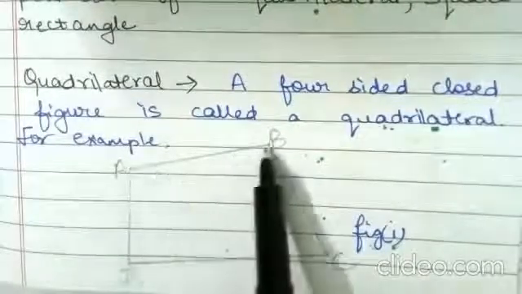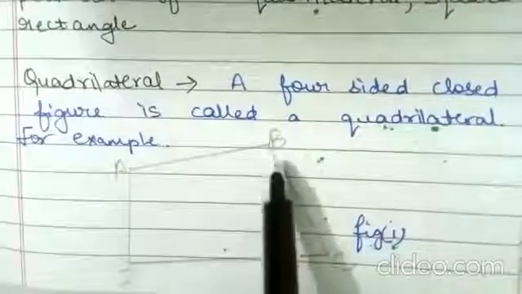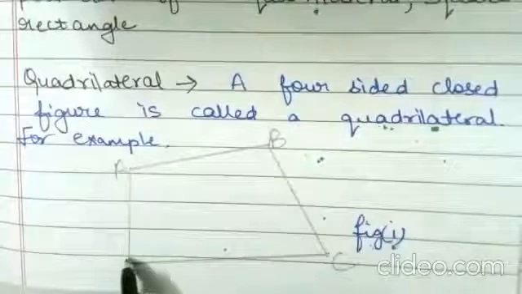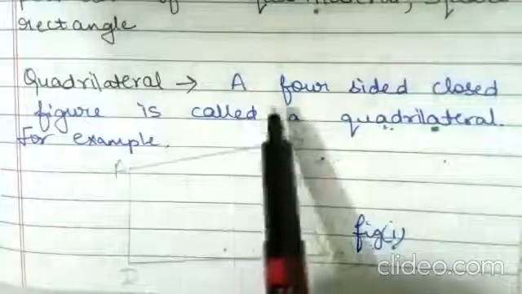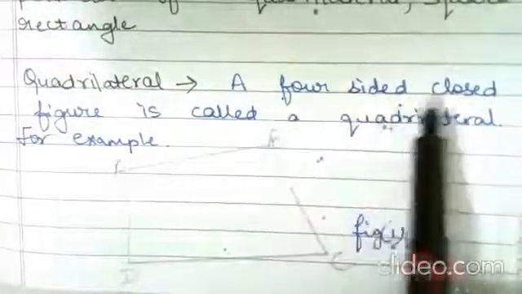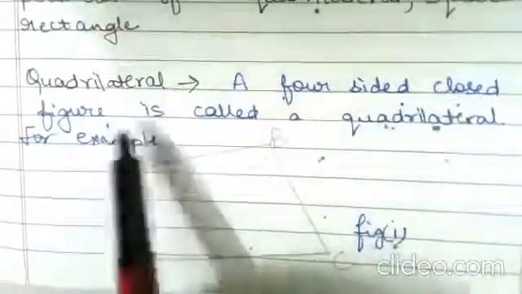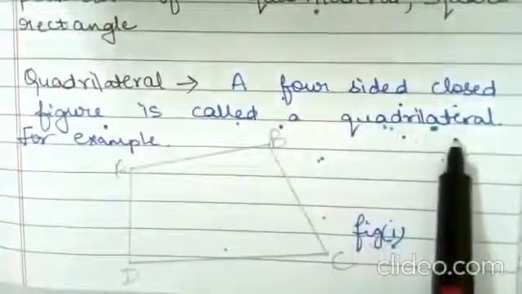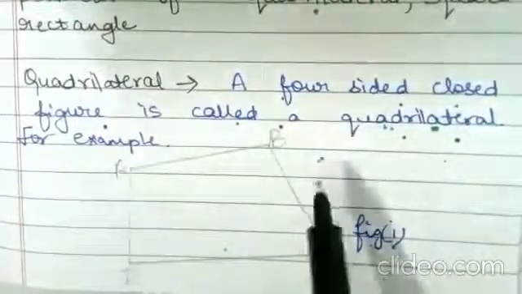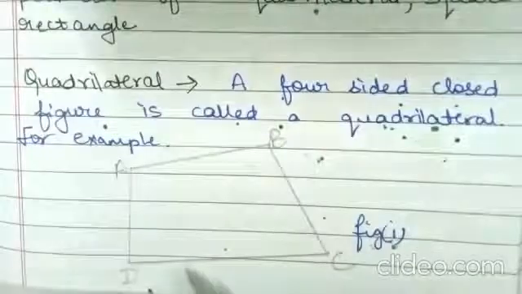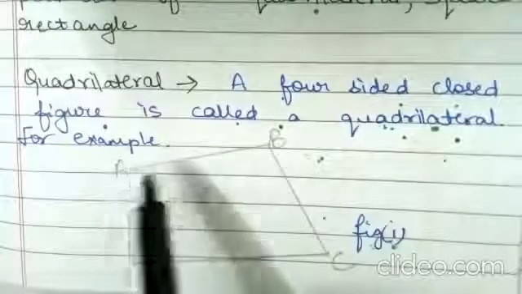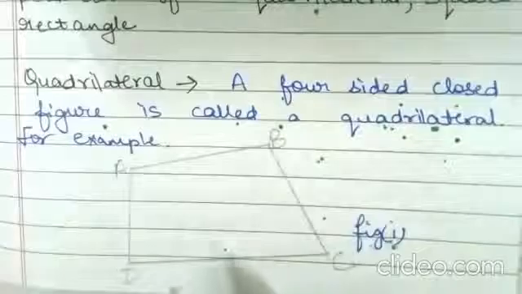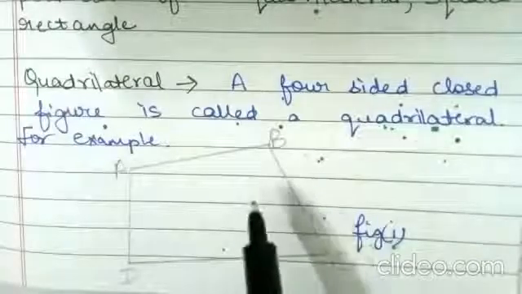And this figure is also closed. So children, a four-sided closed figure is called a quadrilateral. This example I have shown you. This A, B, C, D is a quadrilateral.